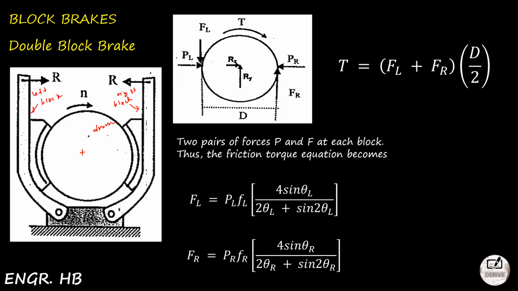And of course, since naka-attach ang drum to both double block, of course, may nangyayari dyan na normal force and of course, meron niyang friction. So both here and both here. So just put a subscript of left and right.